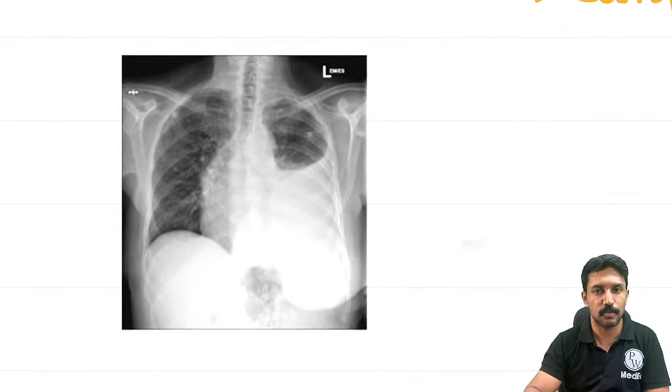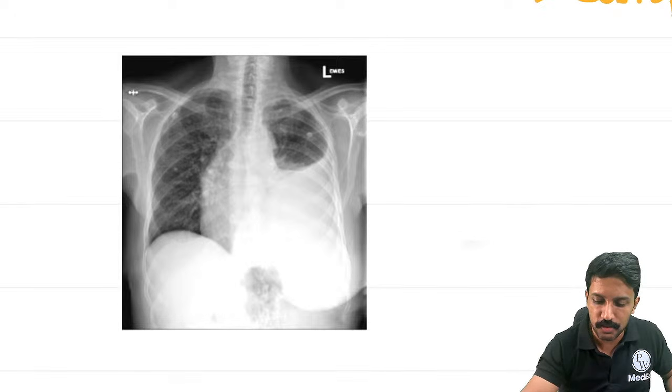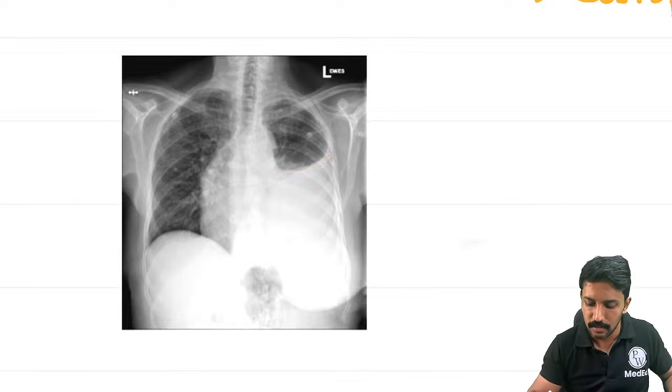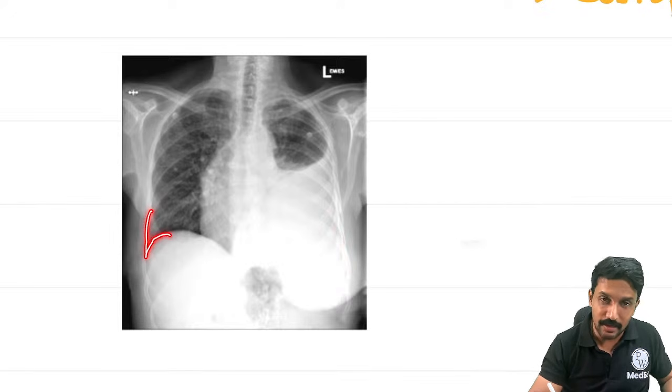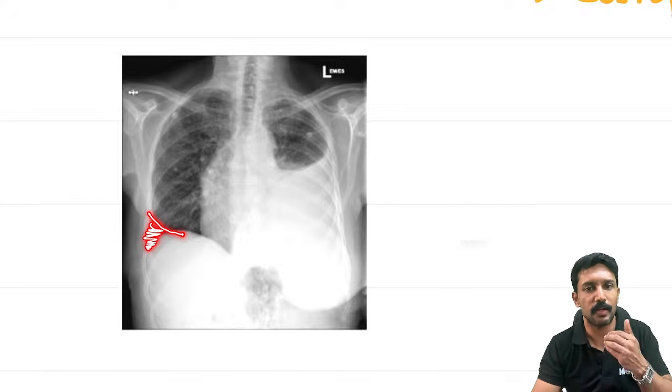So this is how the X-ray is going to look. Even if you say, sir, I can't detect this meniscus sign, you can clearly notice that the costophrenic angle is blunted or obscured. On this side, the costophrenic angle is sharp and clear, because there is no fluid here. But when fluid accumulation starts, it will start here and make it blunted. So blunting of the CP angle is an early sign.